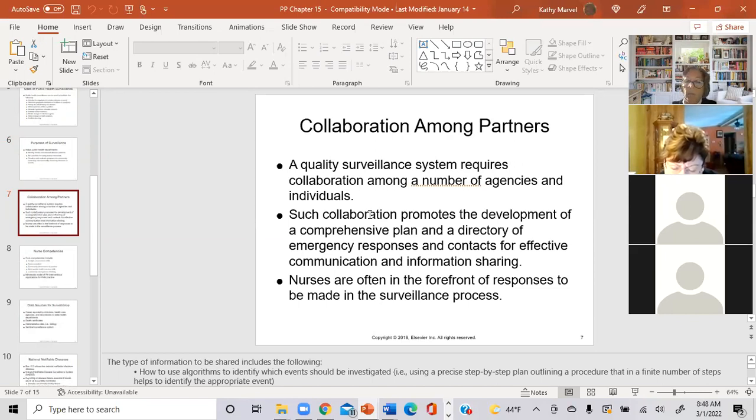You're going to be talking with people of the hospitals, emergency rooms, right? Patients who have gotten sick. It's all part of surveillance monitoring, right? Such collaboration promotes the development of a comprehensive plan and a directory of emergency responses. Right? Nurses are often on the forefront of the responses in their surveillance process.